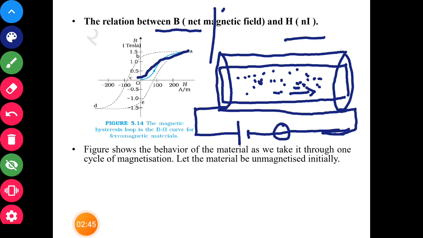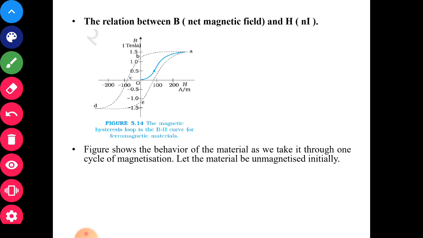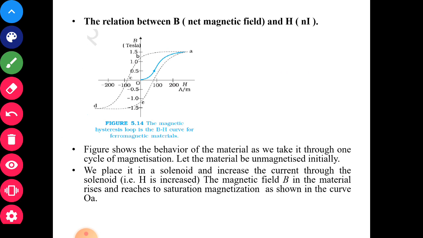So in the ferromagnetic substance, the magnetic dipoles are gradually aligning in the direction of the external magnetic field, and the net magnetic field increases. Now we place it in a solenoid. So we have placed the ferromagnetic substance in the solenoid and we increase the current through the solenoid, so H increases.